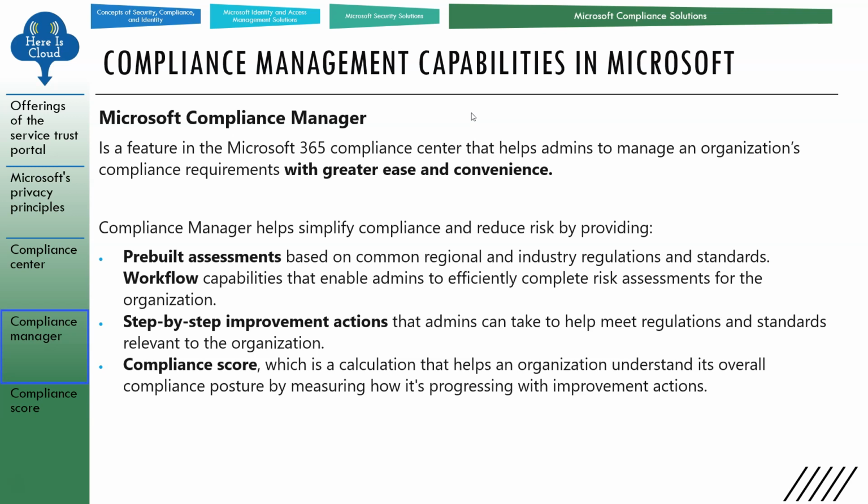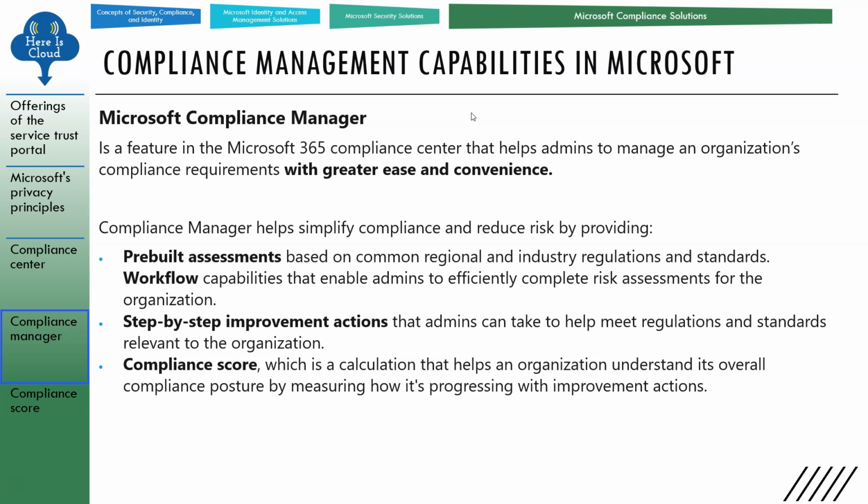The manager helps simplify compliance and reduces risk by providing pre-built assessments. Based upon common regions and industry regulations and standards, it provides pre-built assessments. It provides workflow capabilities that enable admins to efficiently complete risk assessments for the organization. It offers step-by-step improvement actions that admins can take to help meet regulations and standards relevant to the organization.